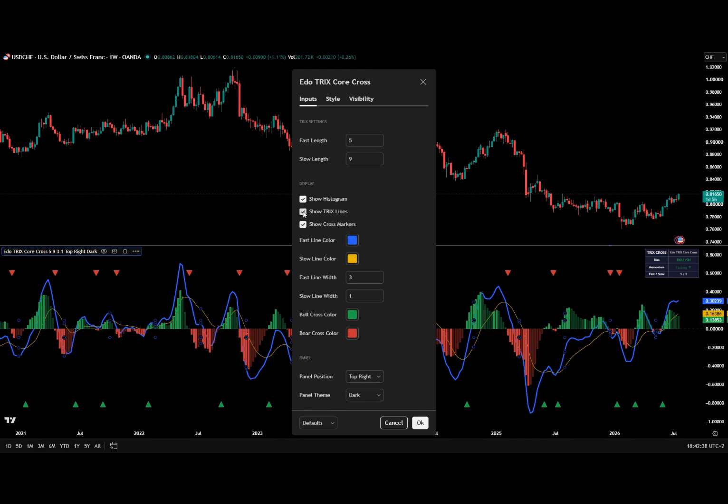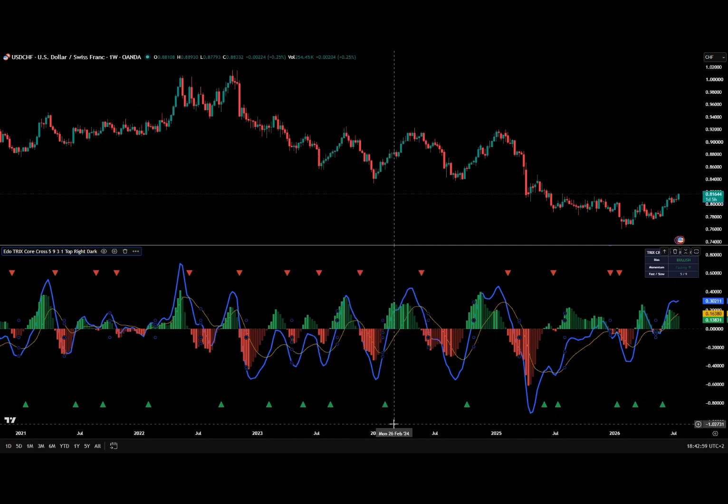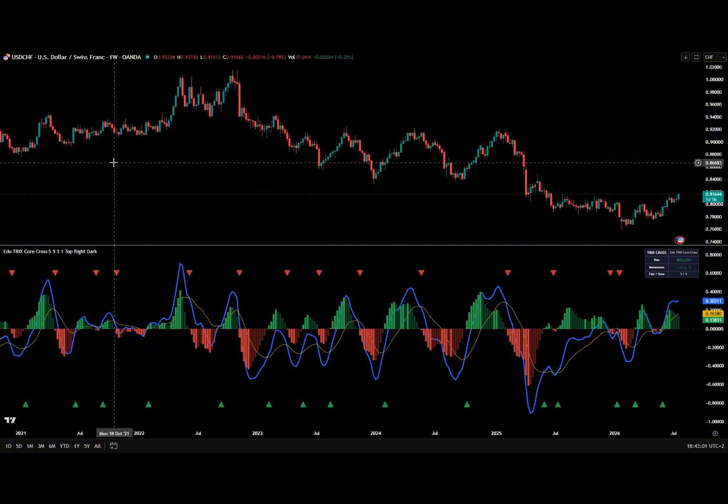So you can leave only the histogram if you want a clean momentum read, or only the lines if you prefer the crosses. Colors and widths are yours as well, for both lines and for the two cross markers. And the panel has its own corner and a dark or light theme, to match the chart you work on. On the dollar against the Swiss franc, the defaults hold up well, and 5 and 9 is the right place to start.